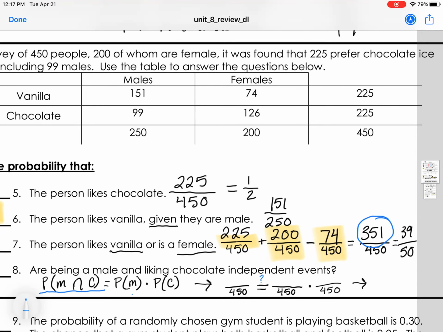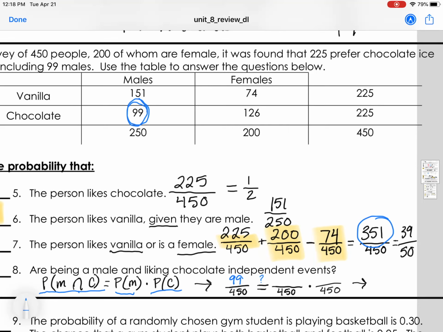So the probability of being male and liking chocolate should equal the probability of male times the probability of chocolate. Okay, so the probability of being male and liking chocolate at the same time, I find where those two categories overlap, which would be 99 out of 450.